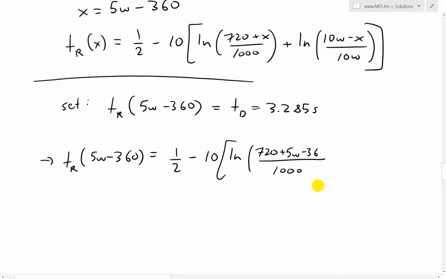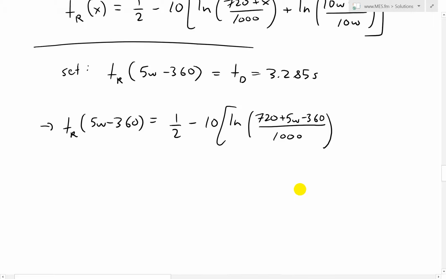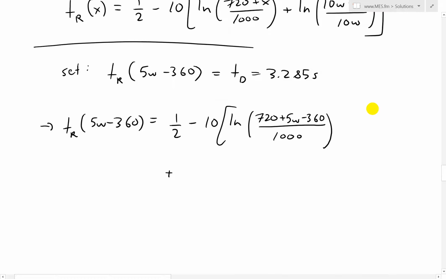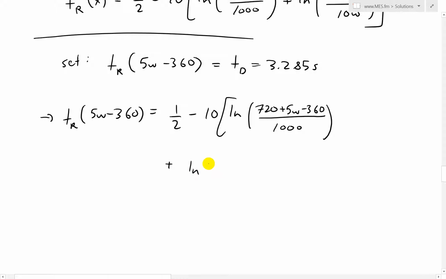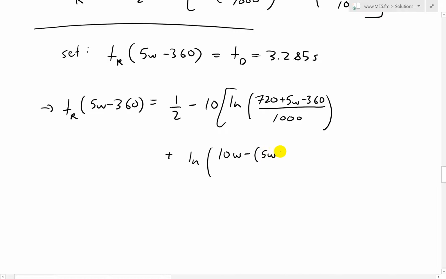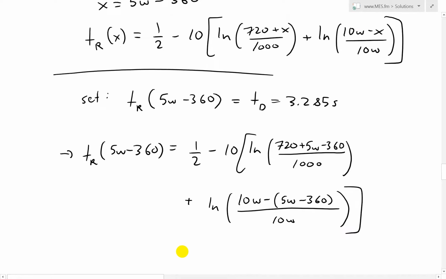Let's get a better bracket right here. And then plus ln of 10W minus X, which is 5W minus 360, all divided by 10W, in a big bracket like that, and then a square bracket. So that is what we have.